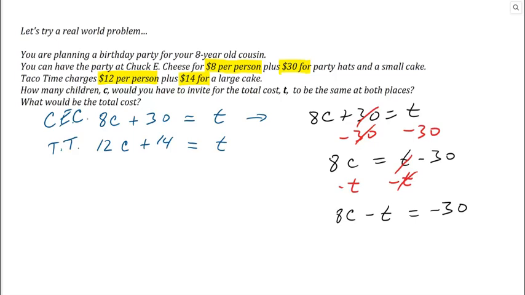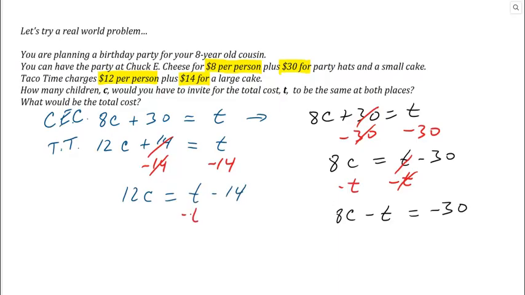There's one. Now the Taco Time. 12C plus 14 equals T, so I'm going to subtract 14. Those cancel out, and I'll have 12C equals T minus 14.